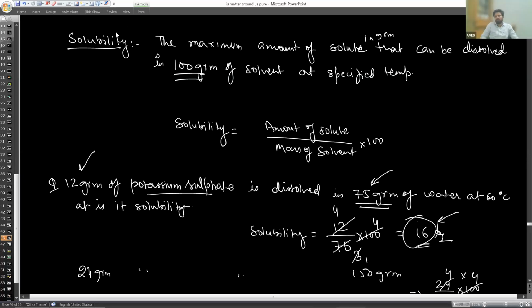The maximum amount of solute that can be dissolved in the solvent at a particular temperature, that is called solubility. At a specified temperature or in 100 gram of solvent. Here we have the mass of solute per mass of solvent, not the solution. In the previous one, mass by mass percentage was mass of solute upon mass of solution, but here it is mass of solvent. That is called solubility.